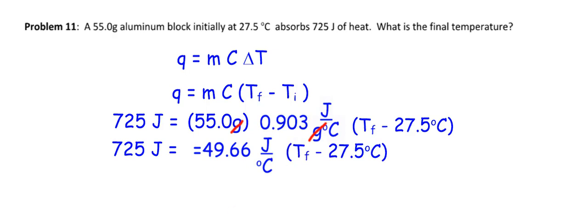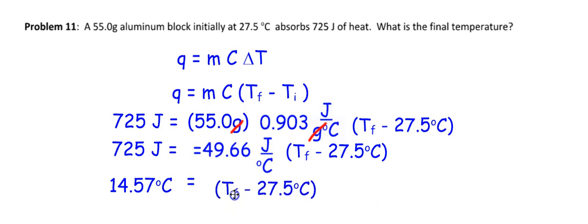So at this point, what I did, you can do it one of two ways. Do you want to distribute this now? You can, and then work with this. What I did is I divided both sides by 49.66. So that means this gets wiped out, and I put 725 divided by roughly 50. And so that's where I got this. Notice my joules canceled out when I divided both sides by that, so all I'm left with is degrees Celsius, and that is equal to here.